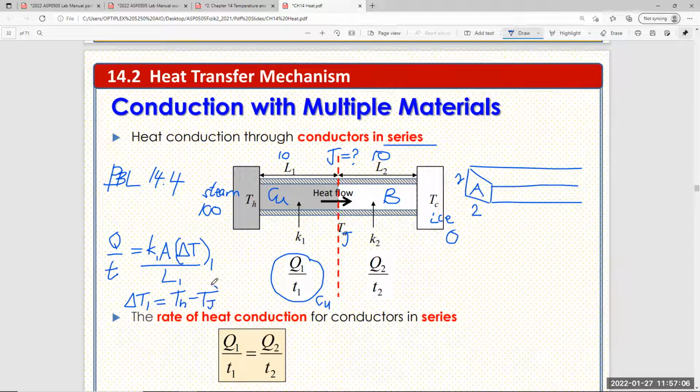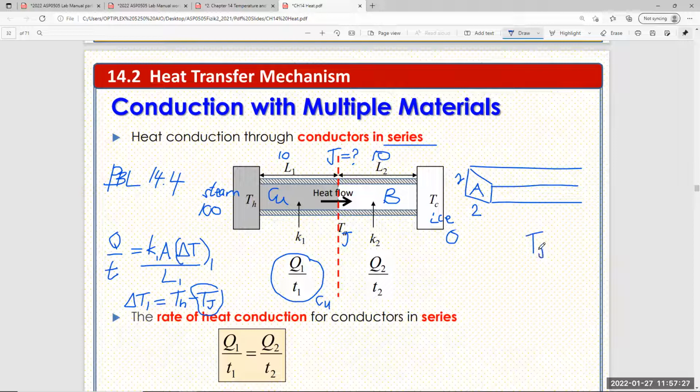So we have the unknown, TJ, because it will ask you what that value is. You may expect the value somehow, because the joint is between 100 and 0. So of course this TJ should be somewhere in between.